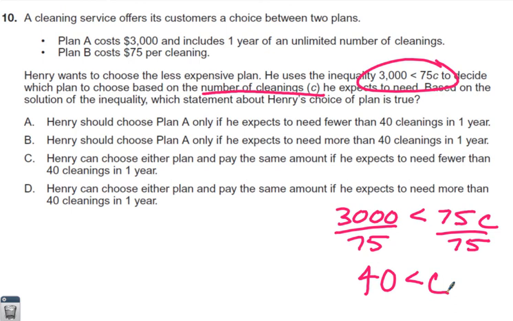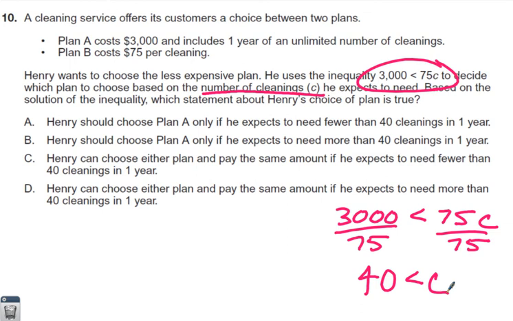Anyway, let's look at the choices. Henry should choose Plan A only if he expects to need fewer than 40 cleanings in a year. Fewer than 40 would not include 40. I don't know, let's not get that strict.